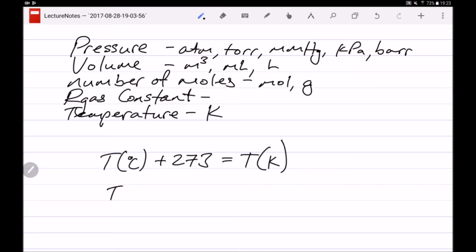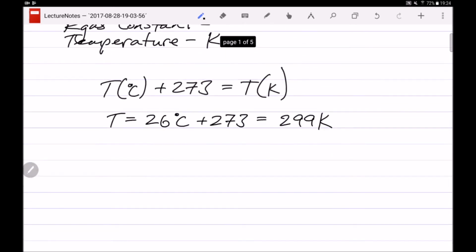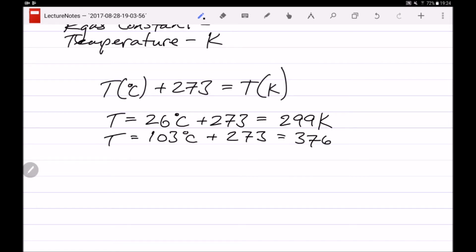So if your temperature is 26 degrees Celsius, you add 273 and you get 299 Kelvin. Or if your temperature is 103 degrees Celsius, you add 273 and then you get 376 Kelvin.